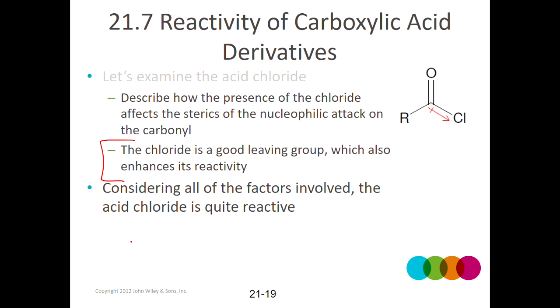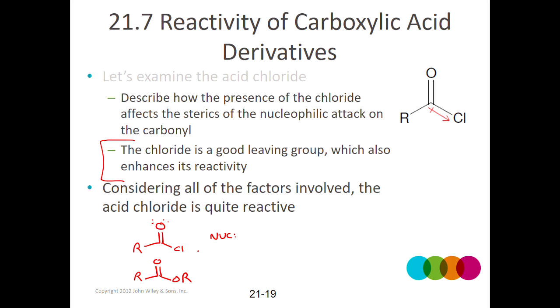So if we have a carboxylic acid derivative, maybe there's a halide here. Other carboxylic acid derivatives, maybe there's an OR group here. So we'll look at these two first. If I have some nucleophile come in, it's going to swing electrons up to the oxygen.